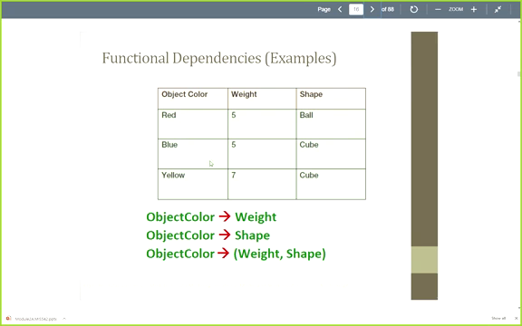So this leads to one important concept mathematically in set theory: the left hand side together will determine or uniquely identify a value for the right hand side. If the value you identify on the right hand side is unique, then the left hand side is a determinant. So in this case, object color is a determinant.